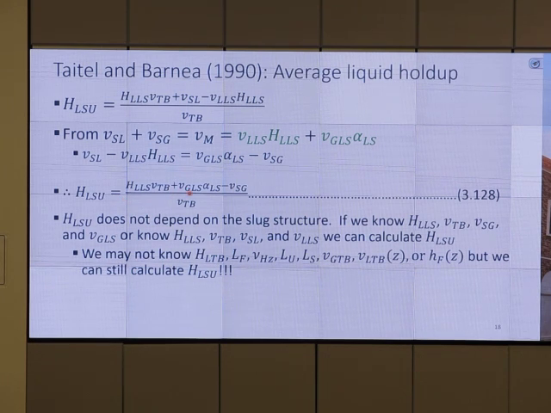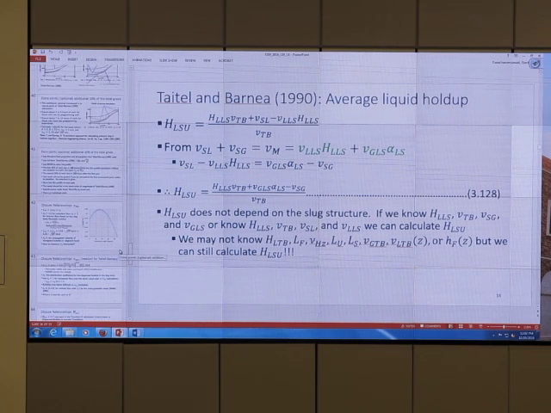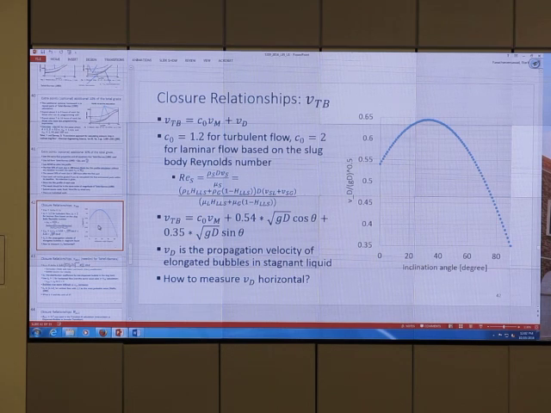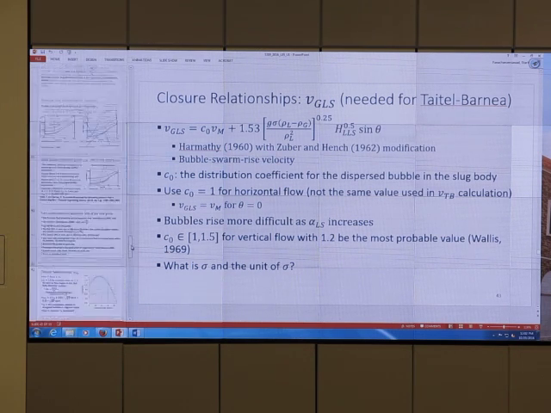VGLS, how do we get that? If we don't do the measurement, we can use this equation to get VGLS on slide 43. There is some physics behind it, but yes, it's empirical.